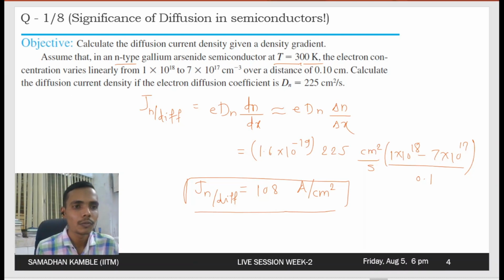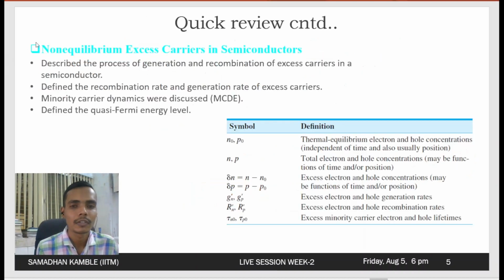Now let's go to our review. So we'll continue with our review. This is, I think, the second slide for the quick review. We then moved on to an important concept of non-equilibrium excess carriers inside the semiconductors.